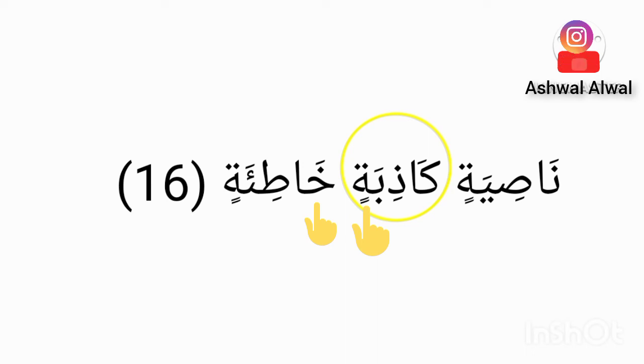Here the ta is standing on its own. You do not join them because it is very obvious. So that is why you say kadhibatin. Then khati'ah will be different.